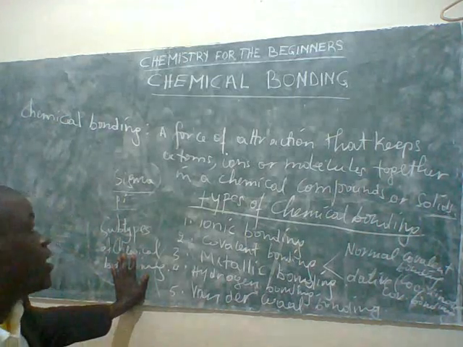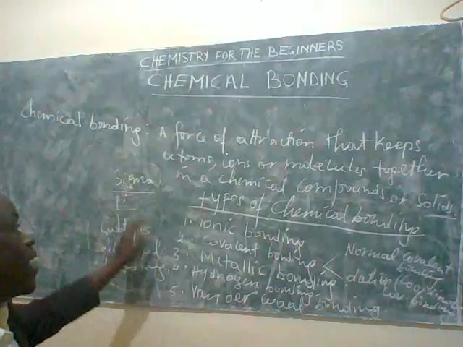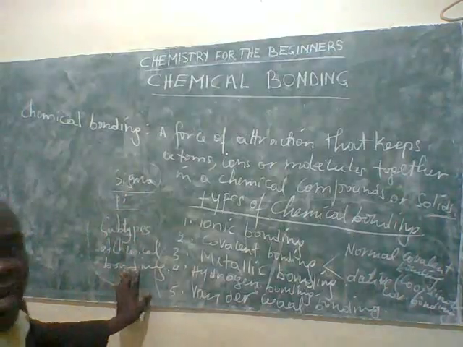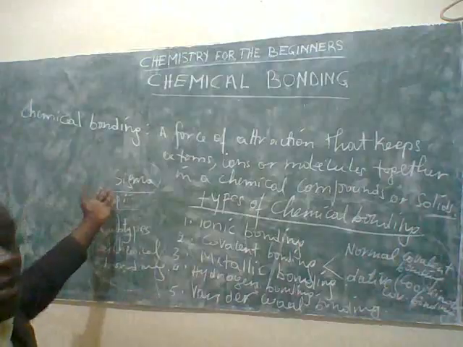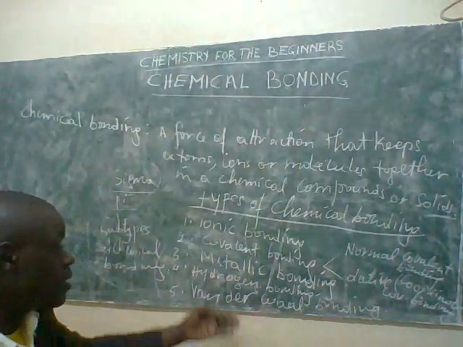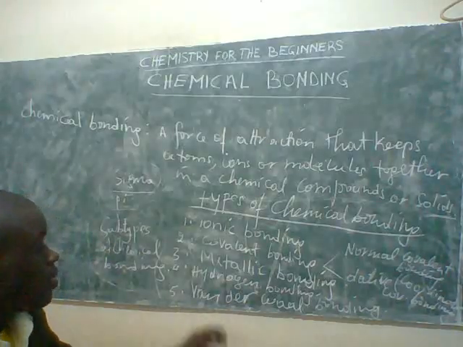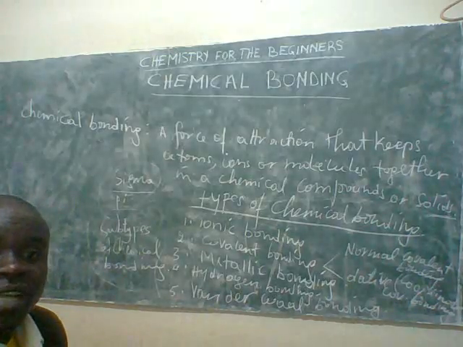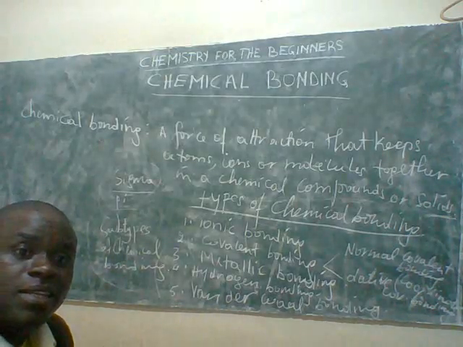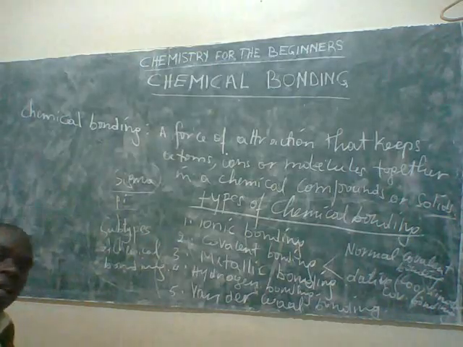So it is not bad to know that there are also subtypes of chemical bonding, like sigma, pi, and here in van der Waals forces you can find subtypes like London dispersion, and so on.